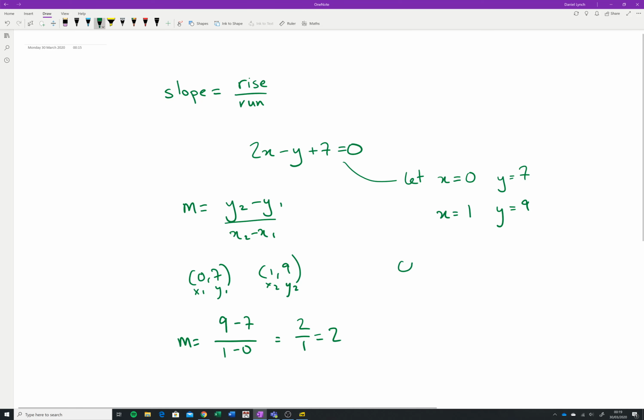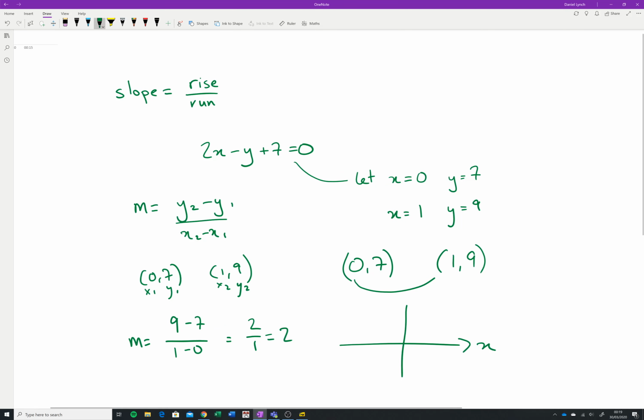Actually, you can just look at this, and it is worthwhile doing this. You've said it's rise over run. When you say run, we're talking about moving over from left to right on the x-axis. So we've gone on our x-axis, we've gone from 0 to 1. We've moved over, remember it's rise over run.